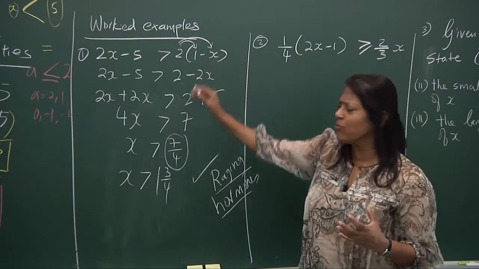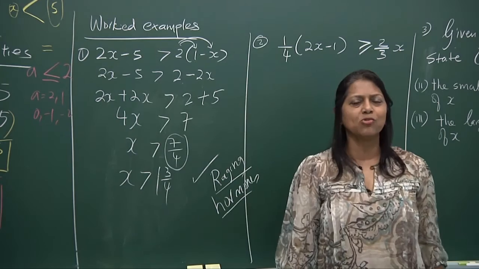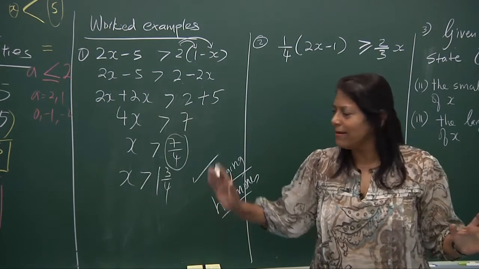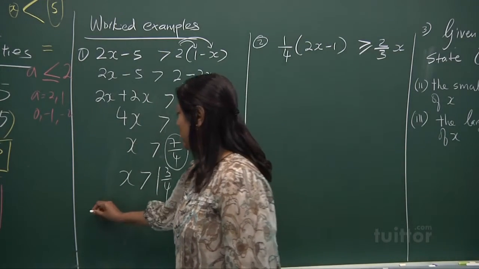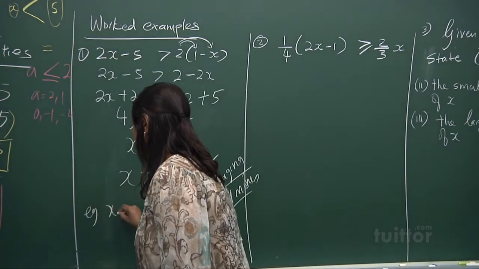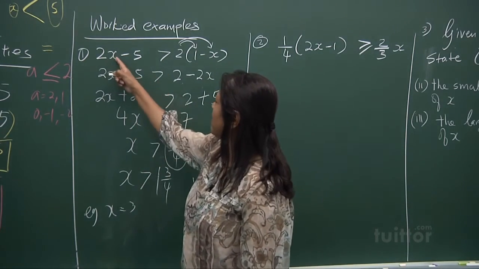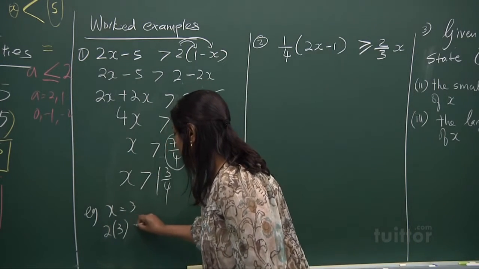Let's look at this curious mind. She says X must be more than 1 3/4. You say, I say. Fine, let's put an example. Test it. X is 3, for example. Take X as 3. Bigger than that, right? So you put 2 times 3, 6. 2 times 3 minus 5.